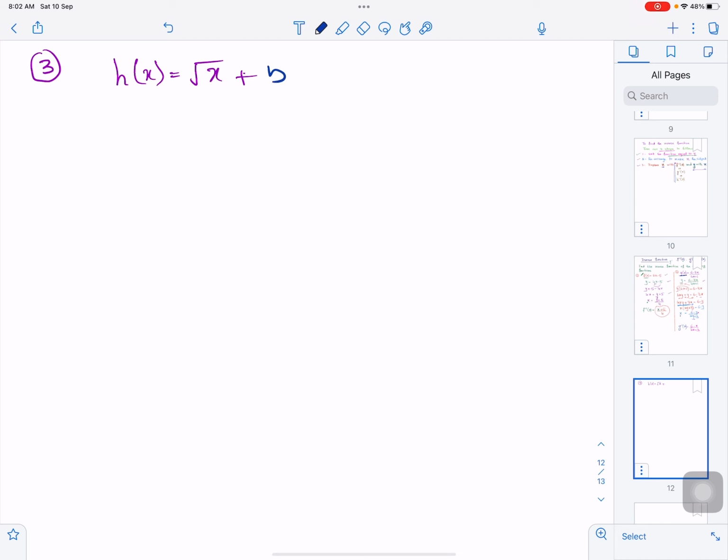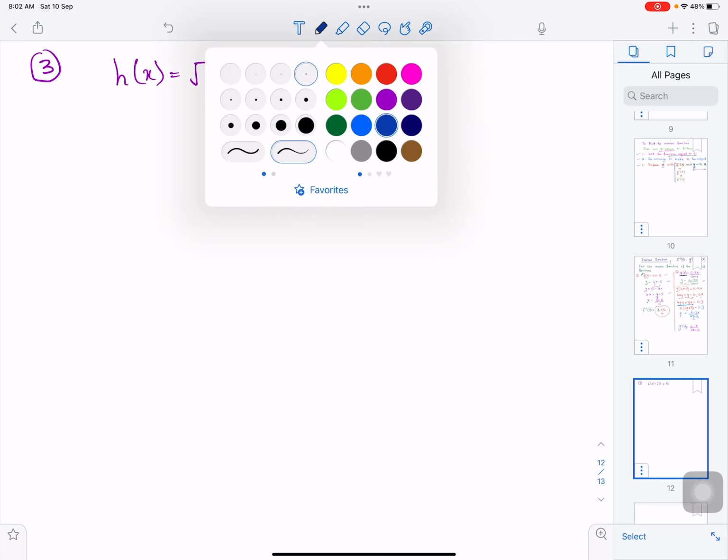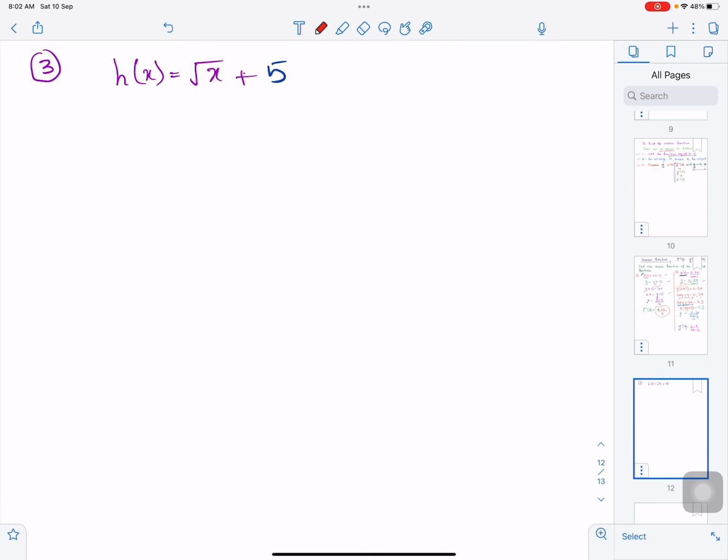Oh, this question was left incomplete. Okay, so this function is given to you and you have to find the inverse function. It means you have to find out what? This. So first step is set the function equals to y. So I will write y equals root of (x plus 5).